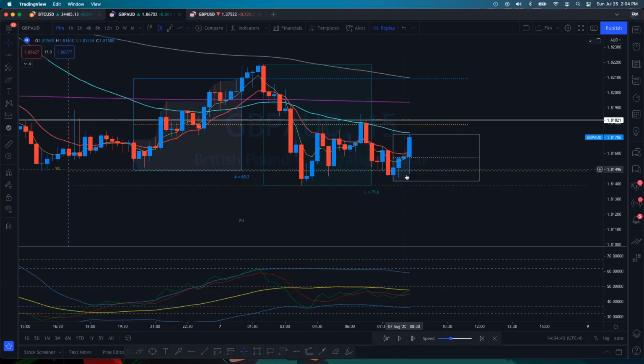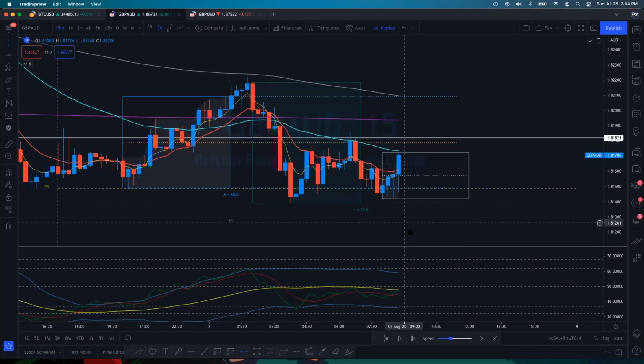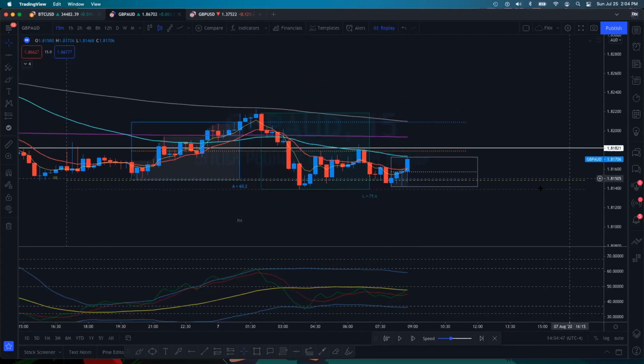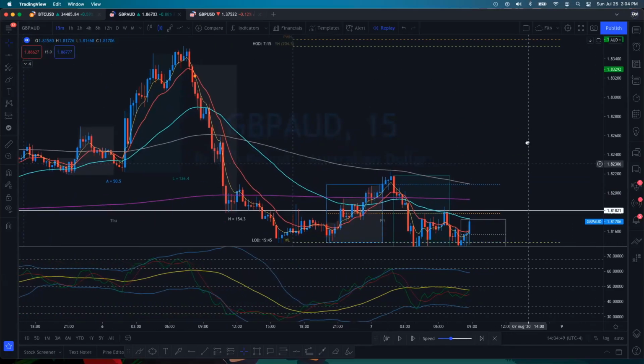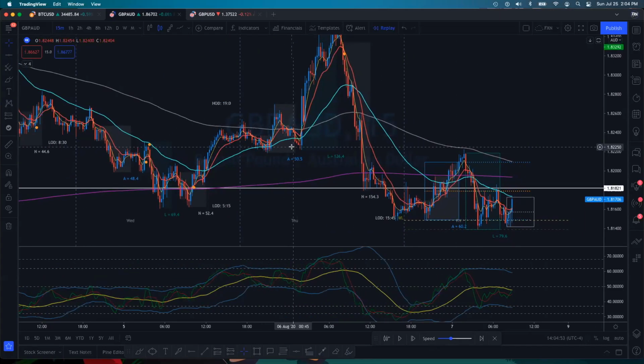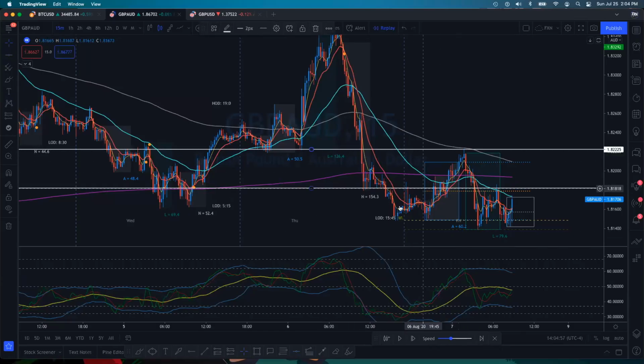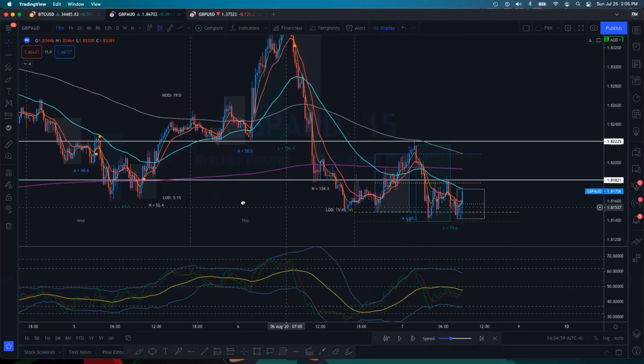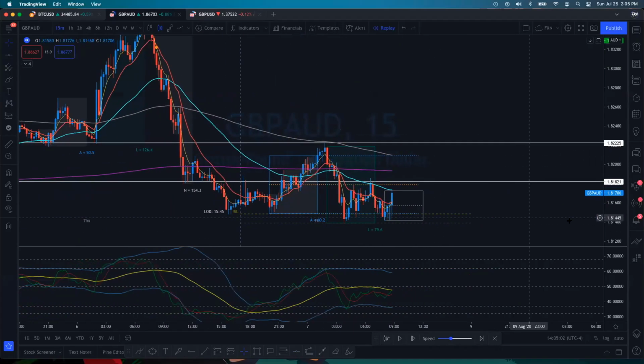This is a multi-session one, so this will probably go through all that stuff, through all the EMAs. Maybe go to this bottom structure here, somewhere around there.